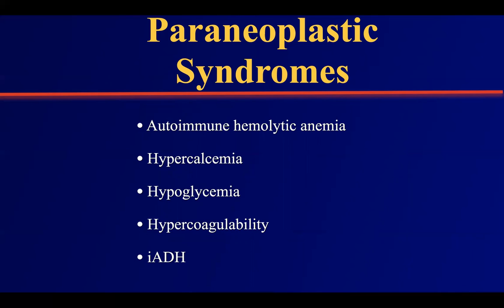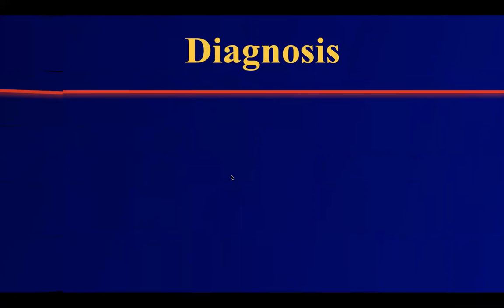I said unfortunately because it would have been very nice if these paraneoplastic syndromes had been seen in most of the patients, because they would have made the diagnosis of mesothelioma easier, but it is not. Autoimmune hemolytic anemia and these paraneoplastic syndromes can be found in other neoplastic situations.